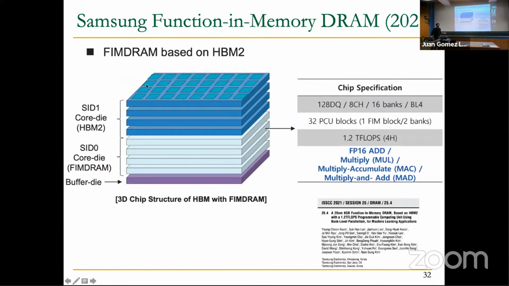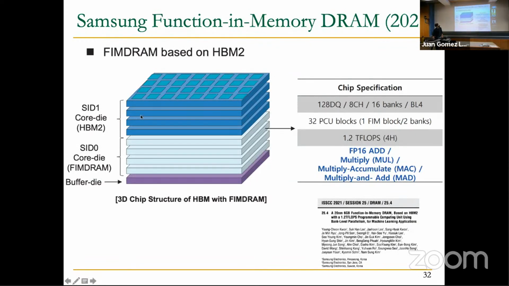And UPMEM is not the only company that is making progress in the direction of enabling real-world processing in memory systems. We have the Samsung FIMDRAM. I'm pretty sure that you have already seen this slide several times. FIMDRAM is based on 3D-stacked HBM2 memory.